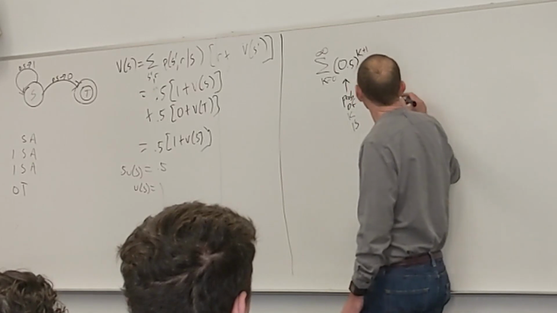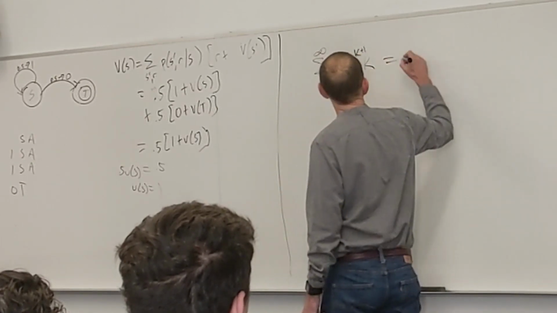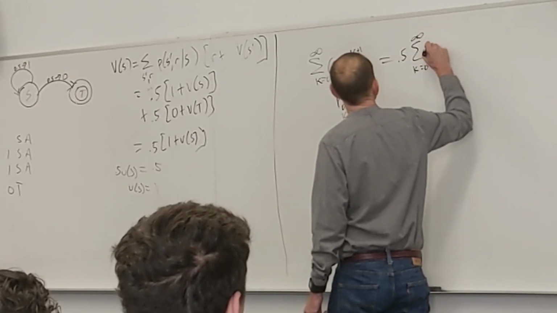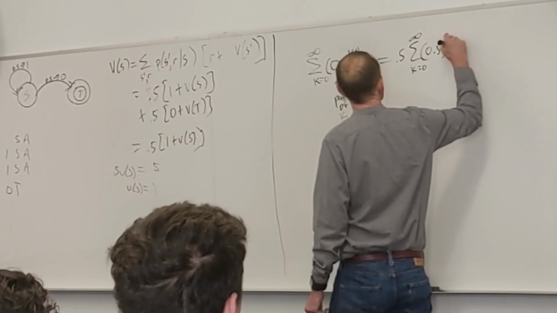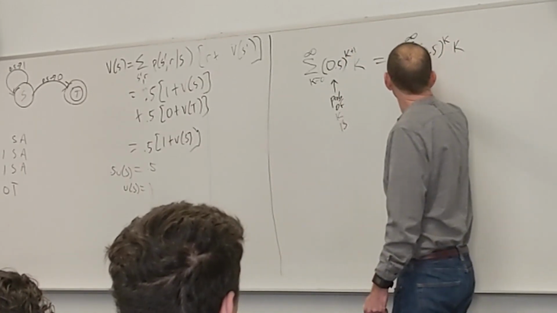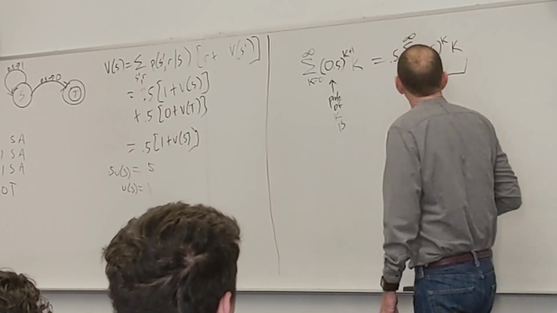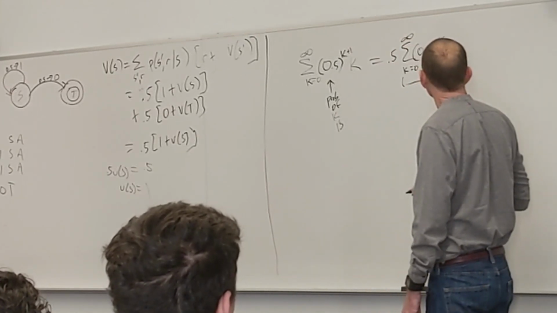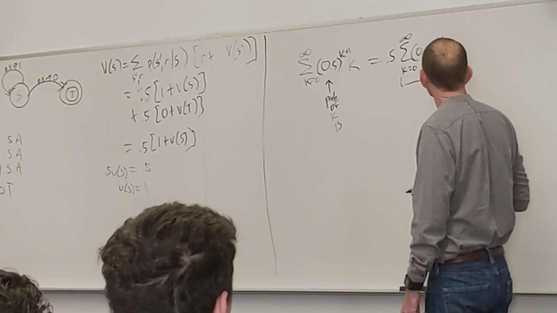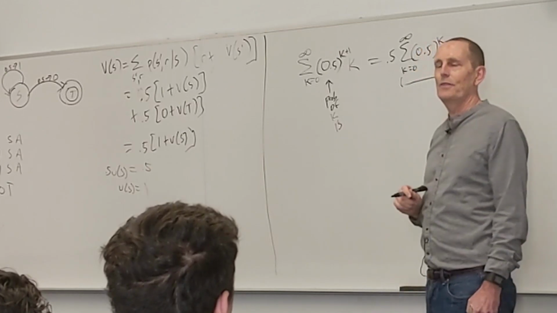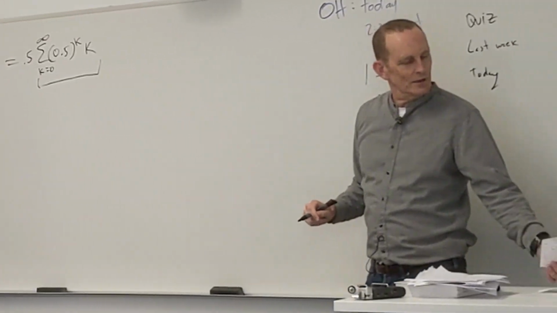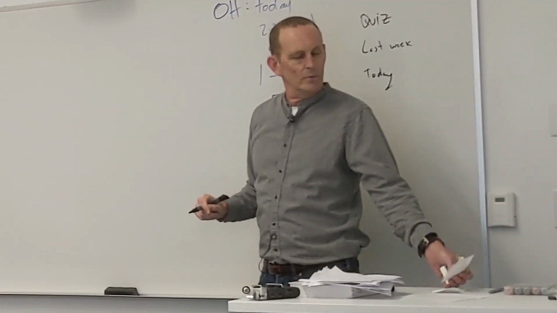Okay, so this is our summation. Let's move a 0.5 out. Something like that. Do we know anything about this? I believe there is an identity, and thank goodness I wrote it down because I don't remember it.